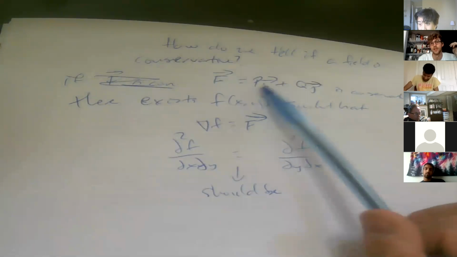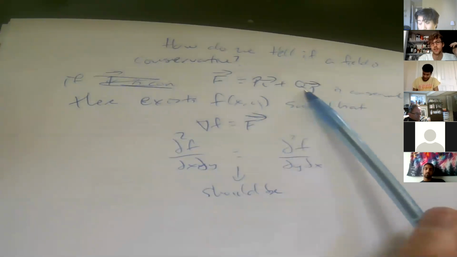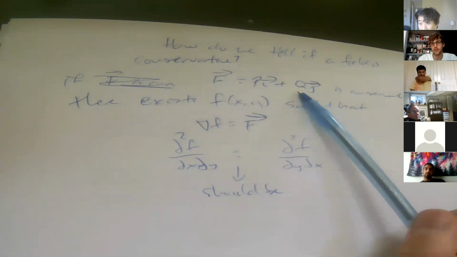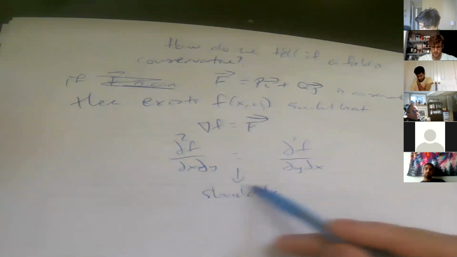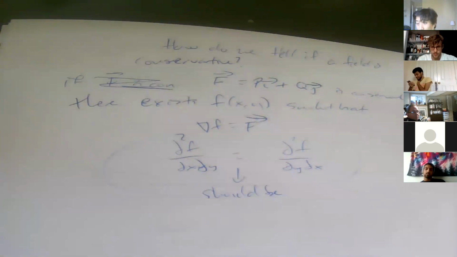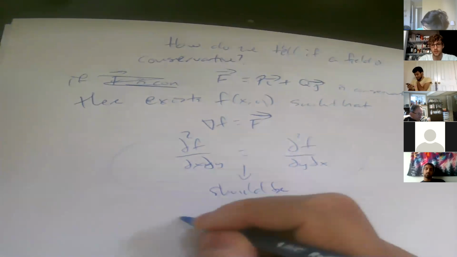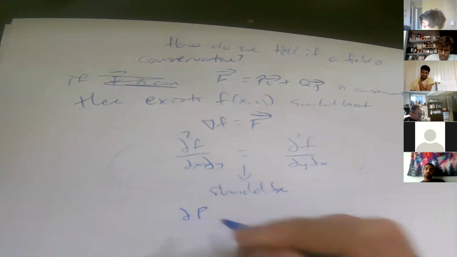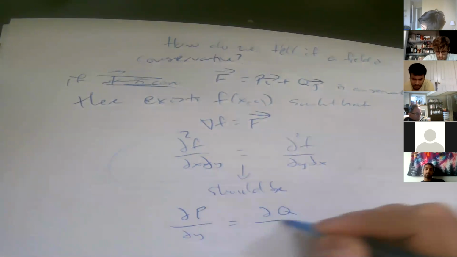Right, this is the derivative of lowercase f with respect to x. And this is the derivative of lowercase f with respect to y, right? And if I expect this to happen, what do I really want to check? All I need to check is dP/dy. This should be equal to dQ/dx.